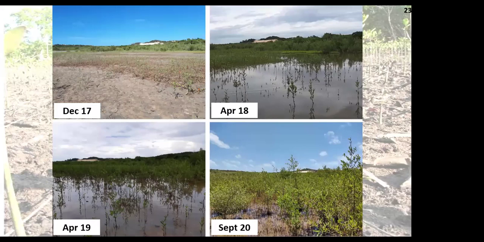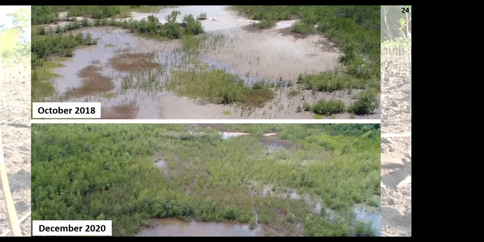You can see temporal images from December of 2017 to September of 2020, and you see the great recovery of the mangrove, mainly with Avicennia. Another image of the same project.